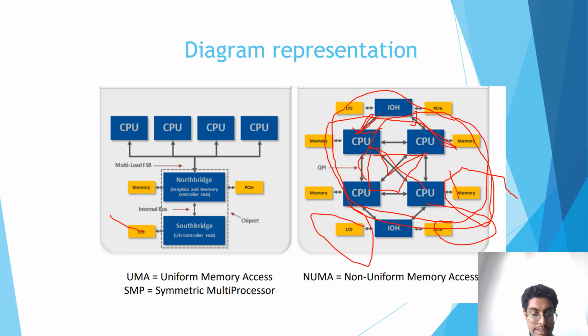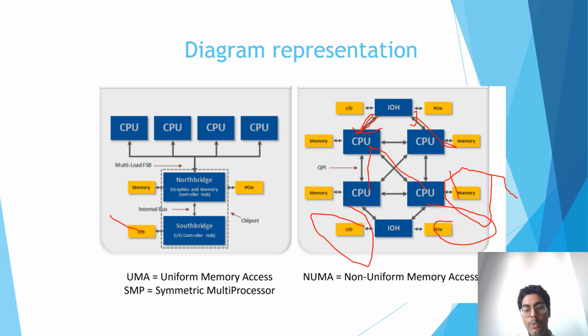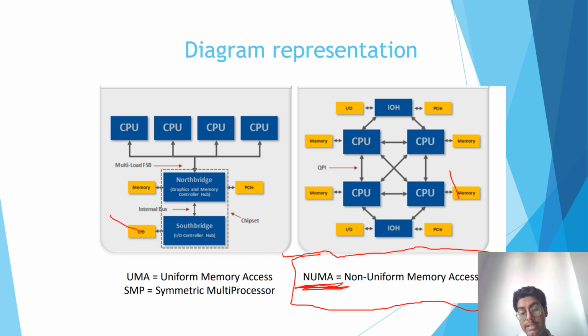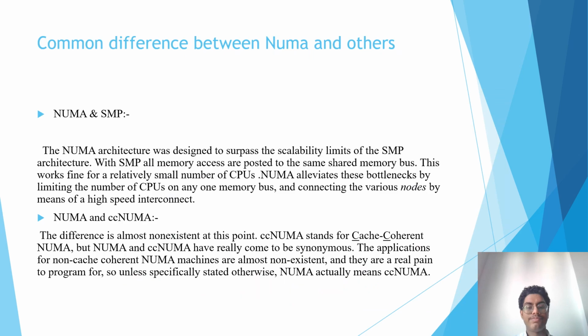From here you can see that it is more complex, and in this diagram it will be hard to code. That's why we say that NUMA is hard for programming. We can access more processors by this, but it is actually hard for programming.